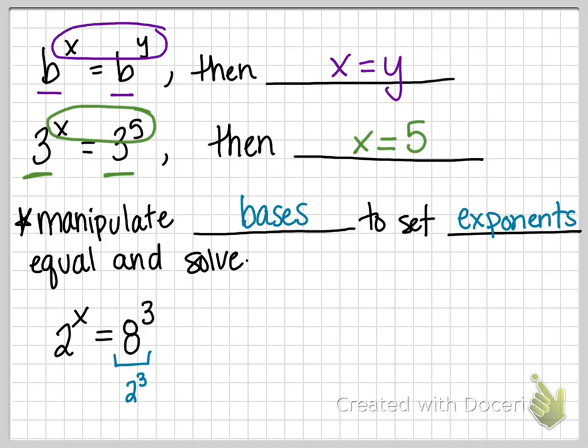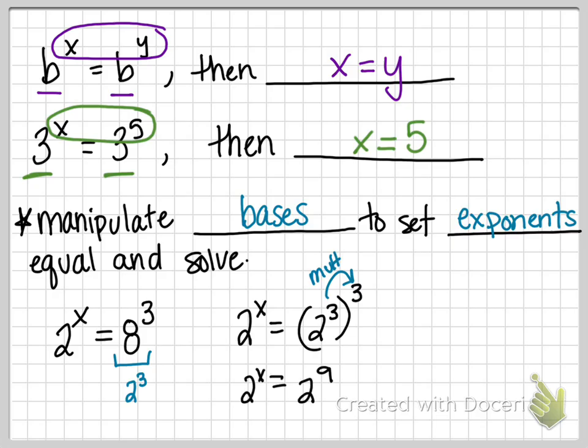So instead of saying 8 to the 3rd, we're going to say 2 to the 3rd to the 3rd. So now, what do we do with those exponents? Multiply. So we get 2 to the x is equal to 2 to the 9th. Now our bases are the same. We can set our exponents equal to each other, and we know that then x equals 9.